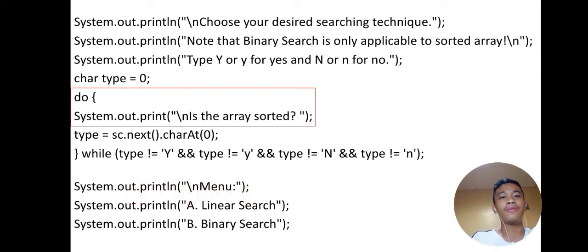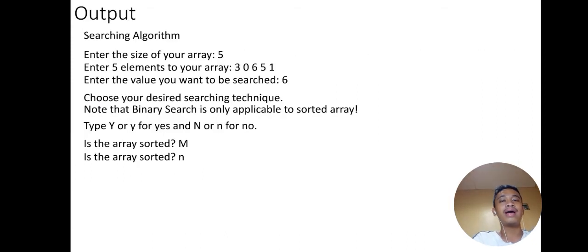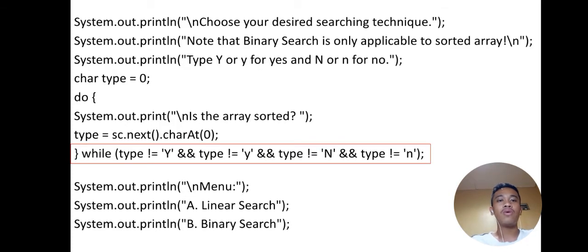So now we will go back to our do, then it will print again "Is the array sorted?" So it will ask again the user if the array is sorted or not. So here the user entered small n. Now it will check again the condition. So the value of our type is small n. So small n is not equal to big Y, it is true.